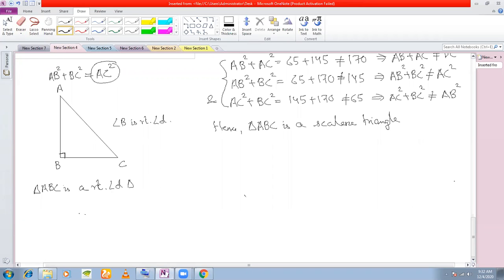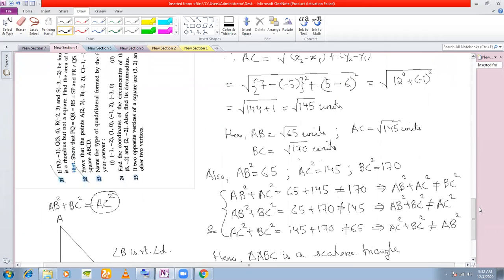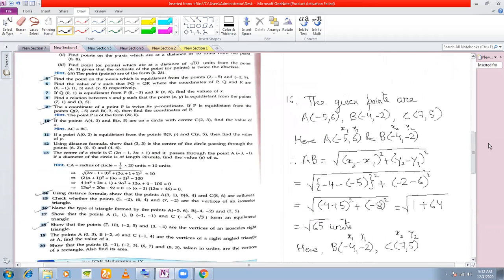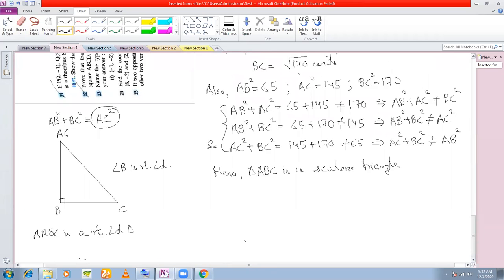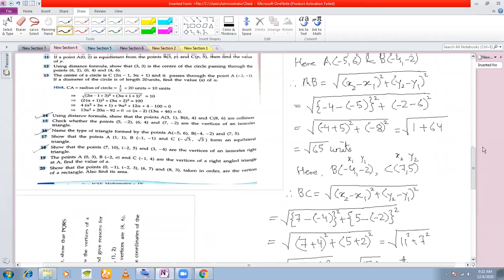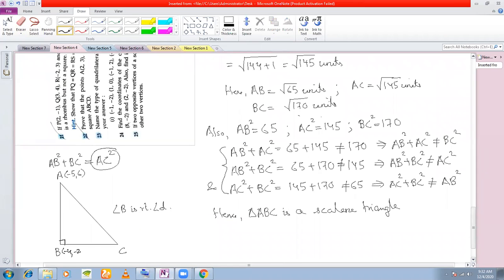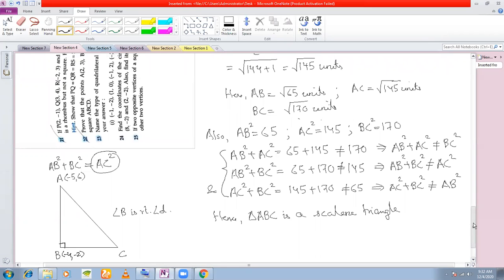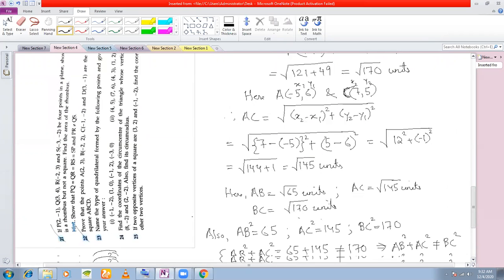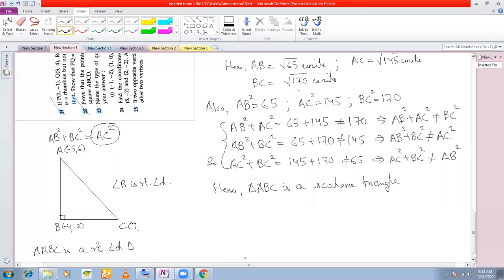You have to draw the figure, and you name the coordinates also. The coordinates of A were given to be minus 5, 6. The coordinates of B were given to be minus 4, minus 2. And the coordinates of C were given to be 7, 5. That's it.